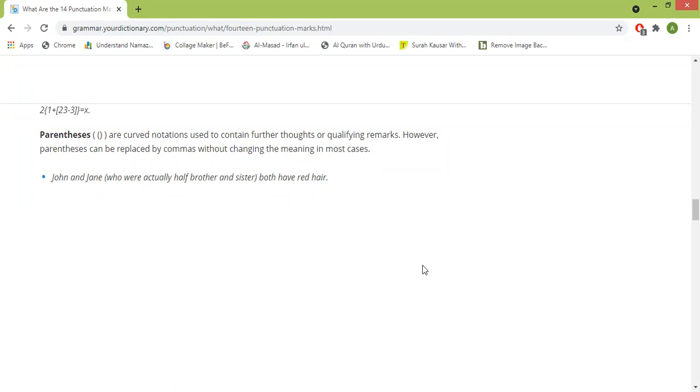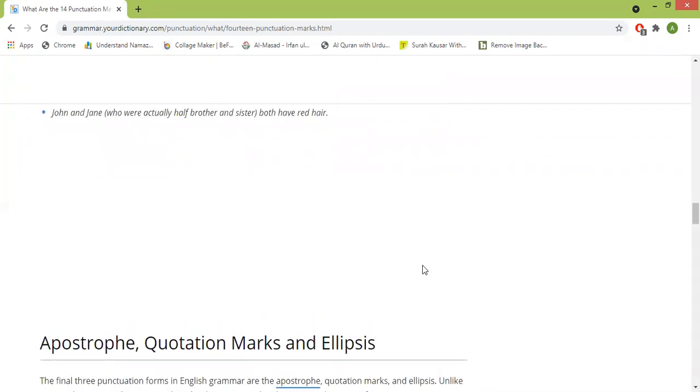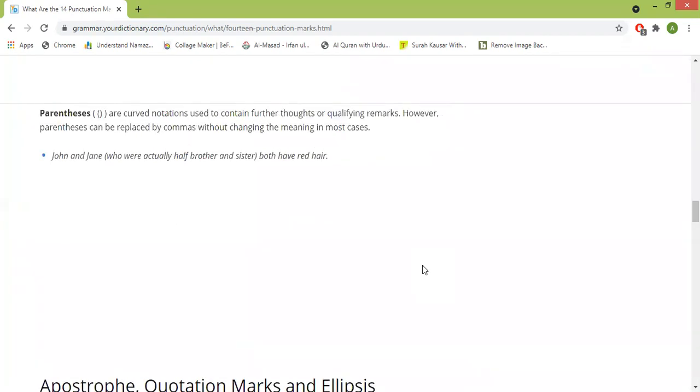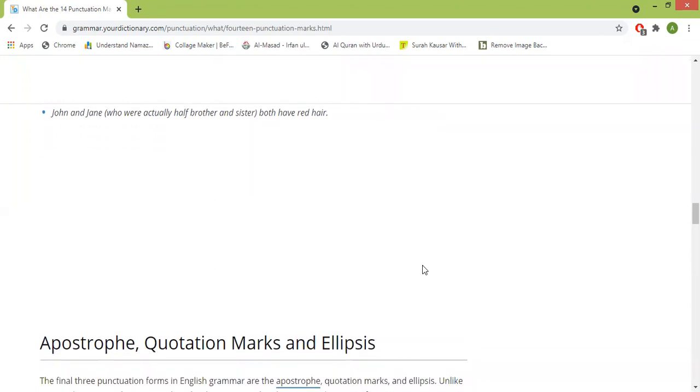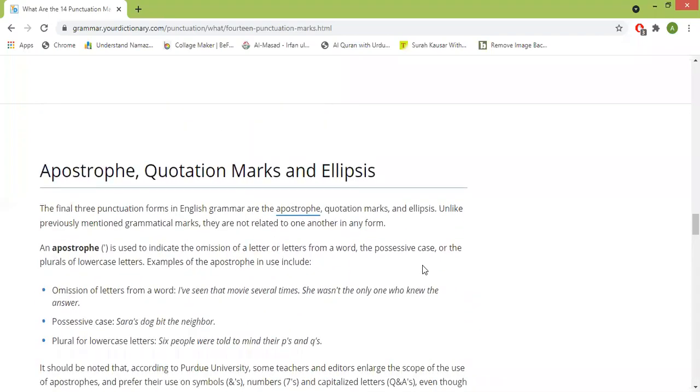This is the extra information that you want to provide to your reader. So for providing extra information within the sentence, we use parentheses. John and Jane, who were actually half brothers and sisters, both have red hair. So in this sentence the writer wanted to provide extra information.